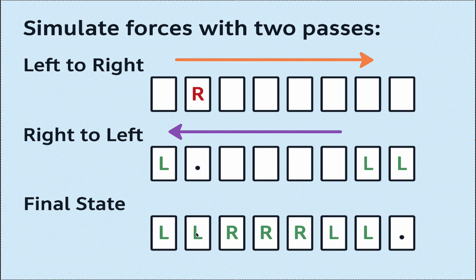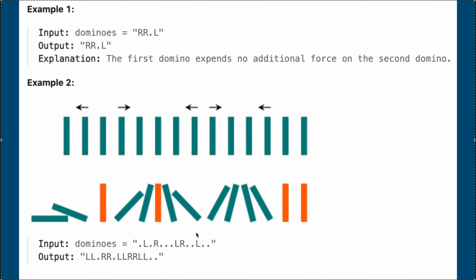So we can simulate this by doing two passes: left to right, where we assign time since last R, and right to left, where we assign time since last L. And then we simulate the final state. So what should we do? Let me go here.